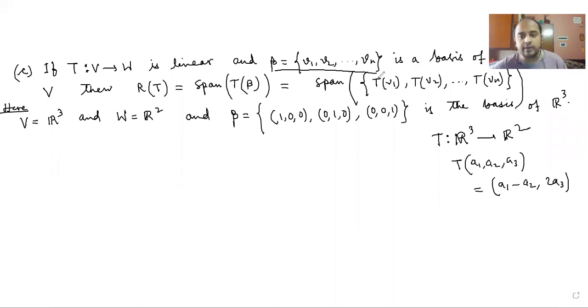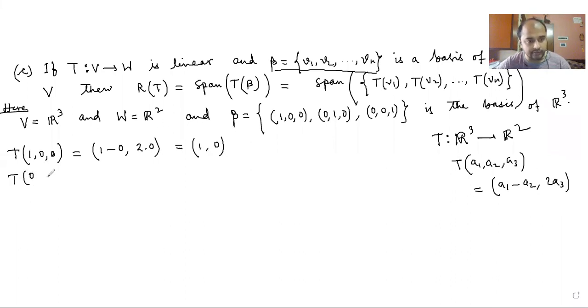Now I'm going to calculate these things, T(V1), T(V2), T(Vn) like this. So T(1,0,0) will be equal to (1,0). T(0,1,0) will be equal to (−1,0), and T(0,0,1) will be equal to (0,2).